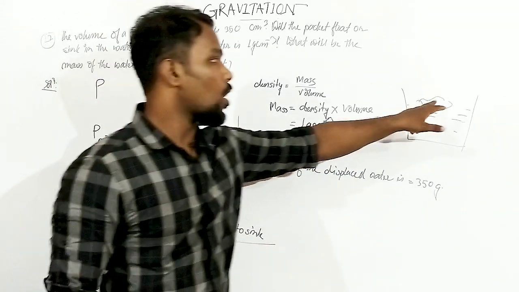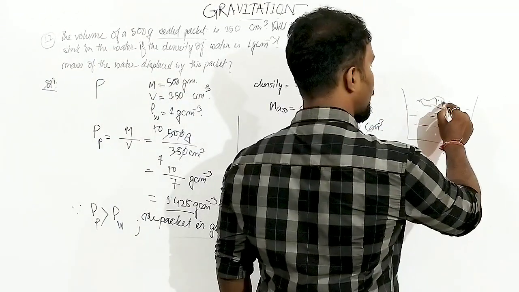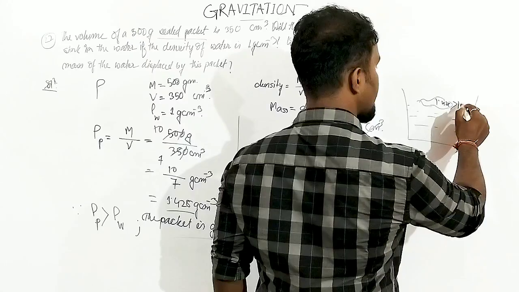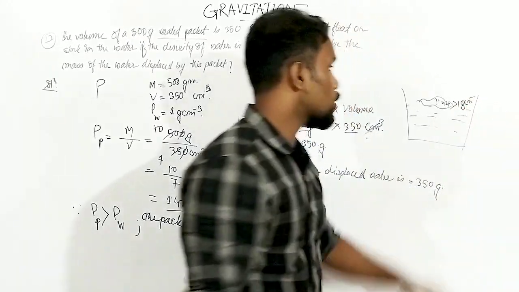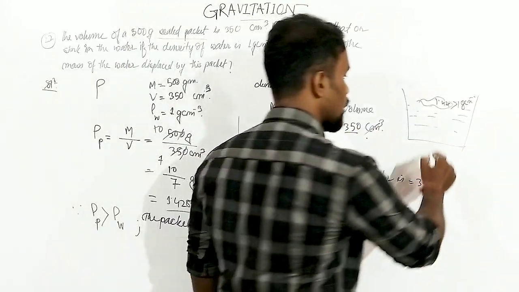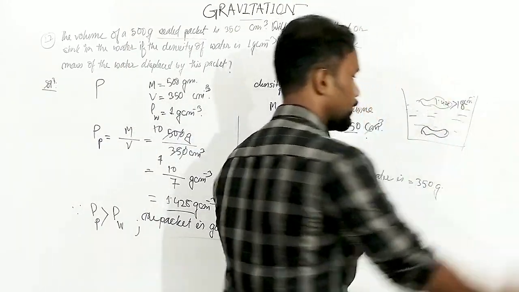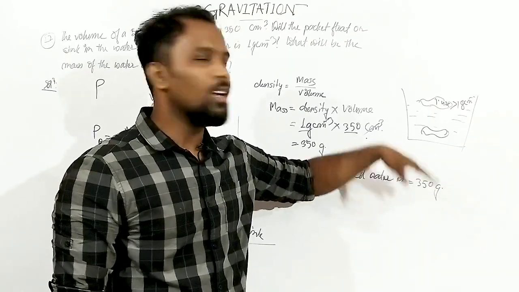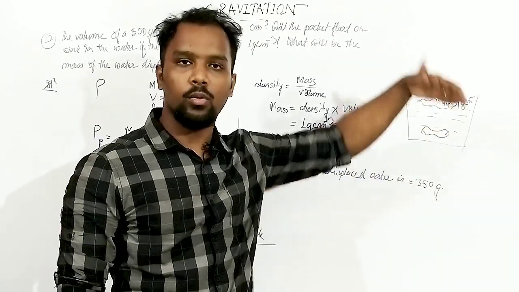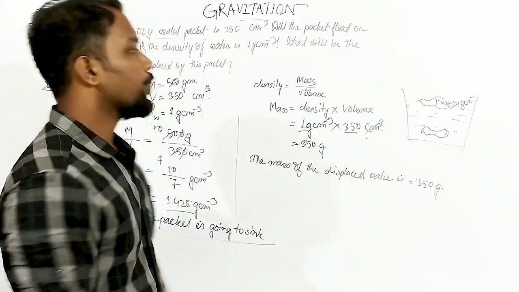Since the density of the packet, 1.428, is higher than the density of water, 1 gram per centimeter cube, it is not going to float. It will sink. I don't say that it will reach the bottom of the bucket, but it is going to sink deep into that water.